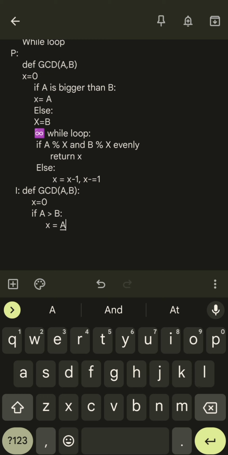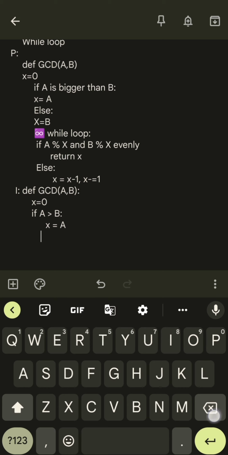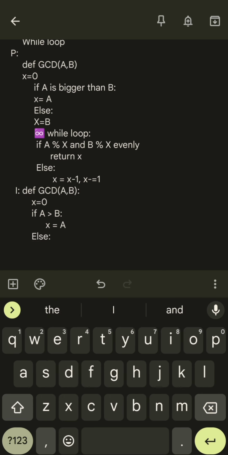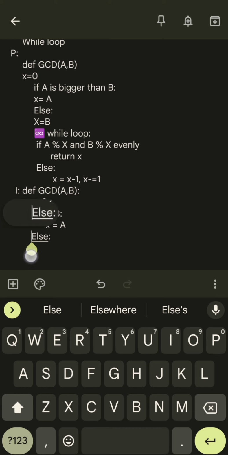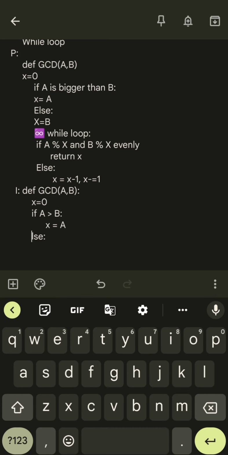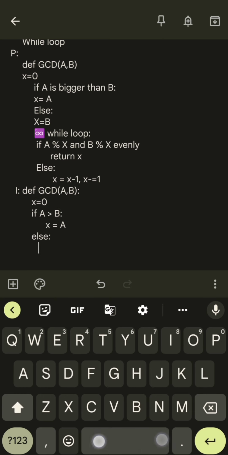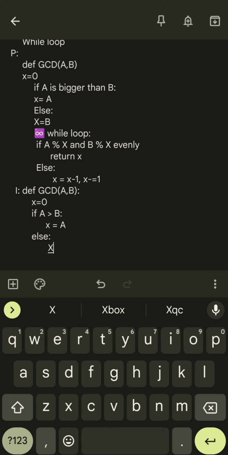Else, if it's not bigger, then x is going to be equal to B. All right. So we found our bigger number. We're this far into it.